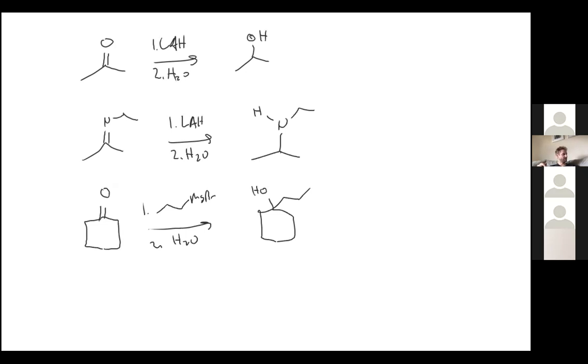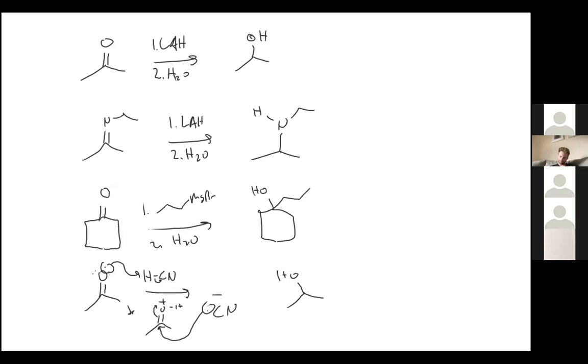We can also do this with a nitrile. So if we take HCN, we can pick up this H here, and then our CN can come in and do an attack to add a nitrile here.